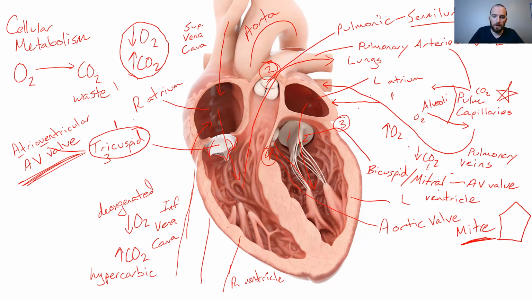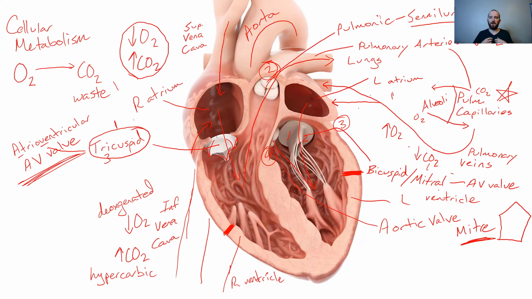Some diagrams show this. But since the heart is a muscle, the harder you work a muscle, the stronger it's going to get, the bigger that muscle is going to get. And so some pictures are really good about it, but the wall of the right ventricle is smaller than the wall of the left ventricle, because that right ventricle doesn't have to work super hard to get the blood to the lungs and back. Very small distance that it has to send that blood.